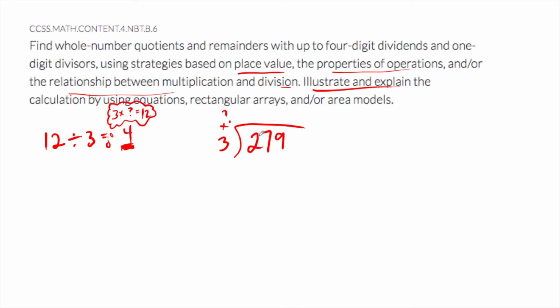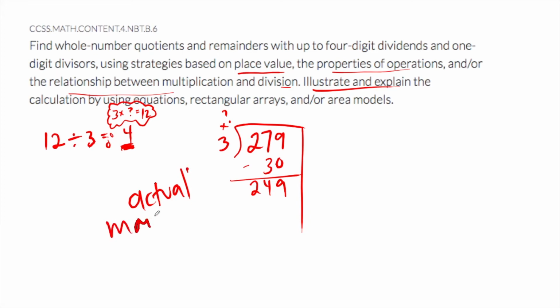So they might say, well, 3 times 10 makes 30, and take away that 30 and do it in little bits and chunks. And we have demos that we do for this where students use actual manipulatives to show this, like they put things into groups. And we do a lot of practice with smaller numbers to get them there.